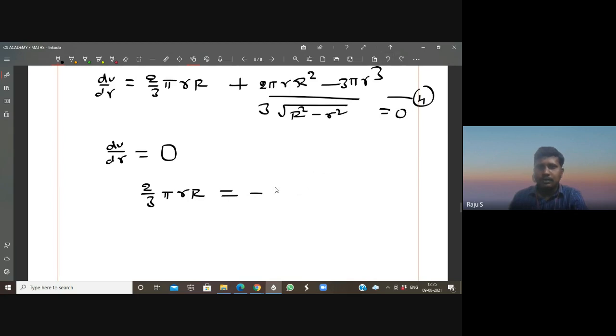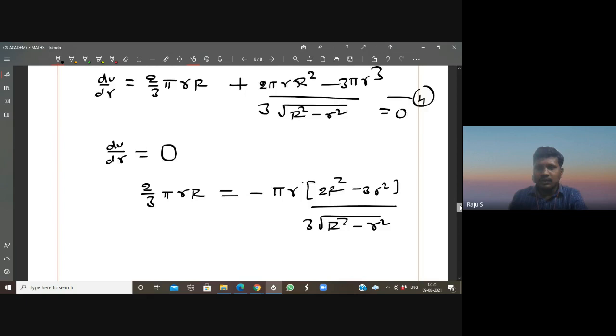You can take common pi r, small r you can take common. So this is 2 pi, pi already I am taking common, 2 capital R square minus 3 small r square, by 3 times root over capital R square minus small r square.